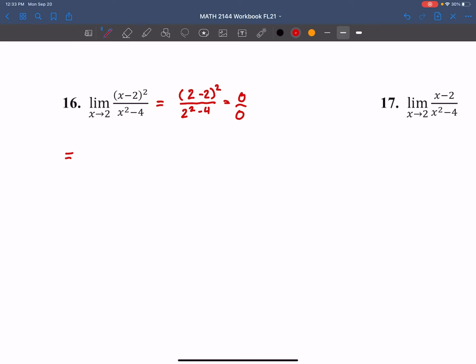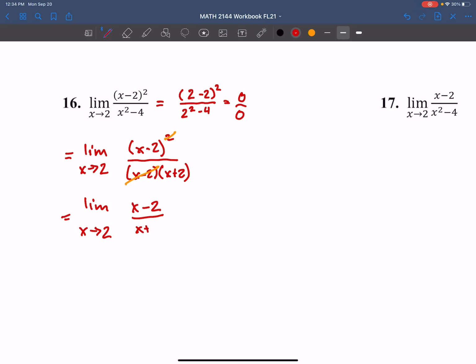Okay, 0 over 0, let's factor and cancel. So we get x minus 2 squared over x minus 2 times x plus 2. The minuses cancel. So I end up with the limit as x approaches 2 of x minus 2 over x plus 2.